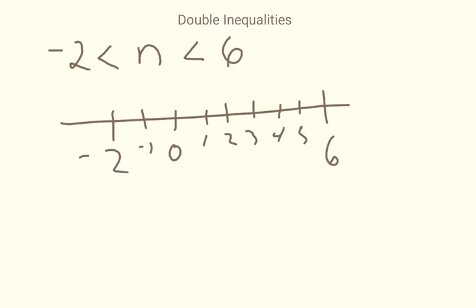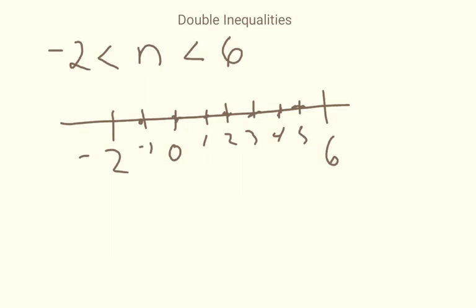So I don't include these endpoints. I'm not going to include negative 2 because the number is greater than negative 2, but it doesn't include negative 2. And the number is less than 6, which means 6 is not going to be in the set of numbers that meet this criteria. So all these other numbers do: negative 1, 0, 1, 2, 3, 4, and 5.